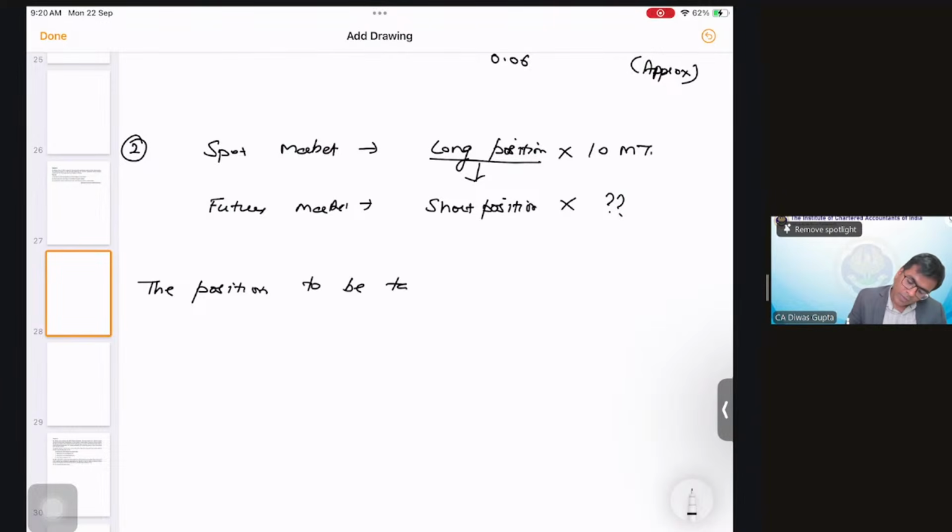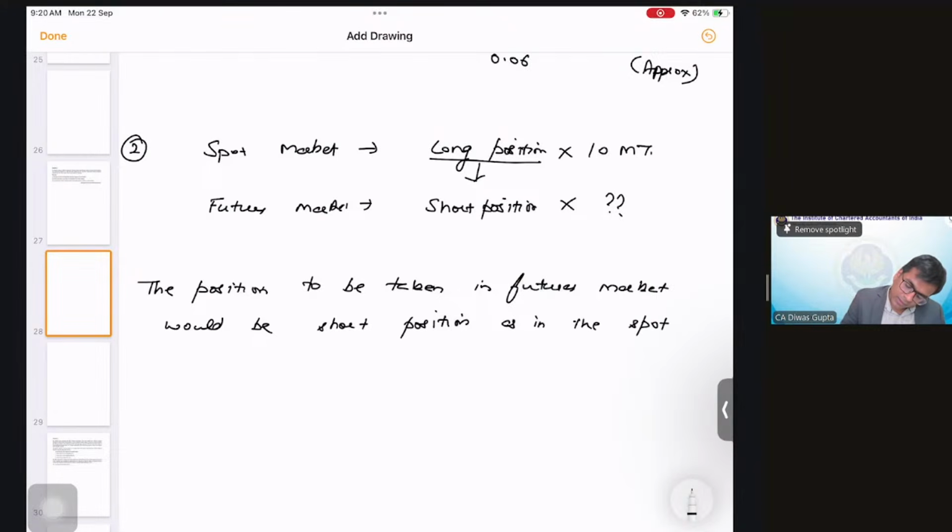to be taken in futures market would be short position, as in the spot market long position is taken.